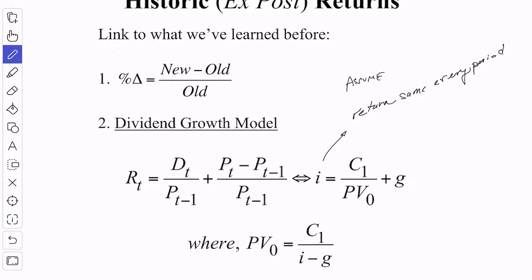and I assume that the dollar dividend is the same every period. No, sorry. Not that it's the same every period, that it grows at a constant rate.